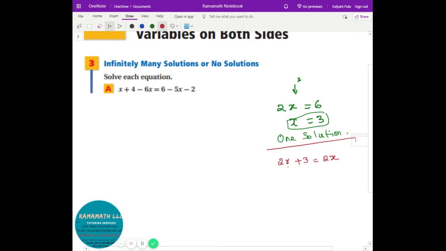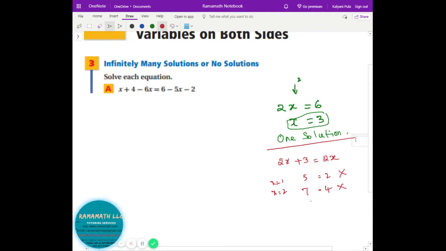If I put 1, 2 times 1 is 2, plus 3 is 5, and 2 times 1 is 2. Are 5 and 2 the same? No, it doesn't work. Or if I try x is 2, 2 times 2 is 4, plus 3 is 7, but 2 times 2 is 4. See, it doesn't matter what value I take, they're not the same.